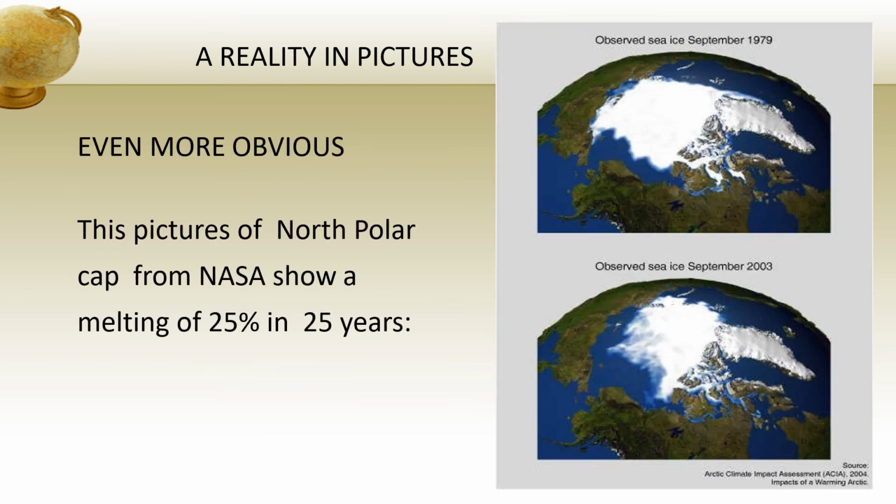Now another reality in pictures is even more obvious. These pictures of the North Polar Cap from NASA show a melting of 25% in 25 years. See these pictures. The upper one is observed sea ice in September 1979 and the second one is observed sea ice in September 2003. So you see the difference in the pictures.